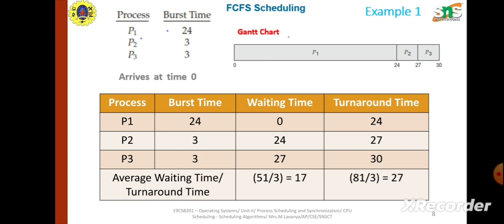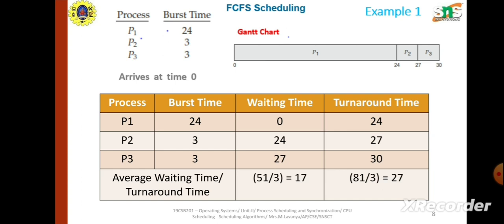So the first process arriving is P1. It will be allocated to the CPU, right? The process arrives at 0 and it's directly allocated to the CPU. So from 0 till the completion of its burst time, 0 to 24, the CPU is occupied by the process P1. It is indicated in the Gantt chart first.